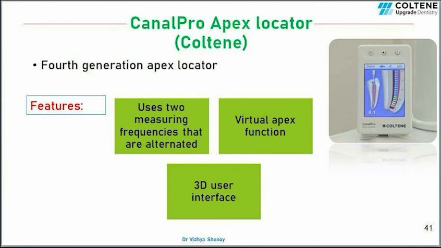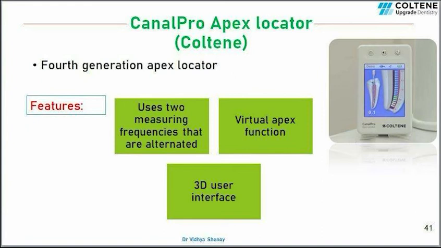This Apex Locator uses signal intensity to calculate the file tip position, which makes the measurement immune to any electromagnetic interference. This Apex Locator has an additional feature, that is the virtual apex function. So this feature will allow the clinician to mark a predetermined distance from the apex before measuring the working length.